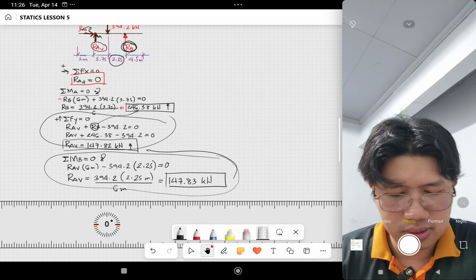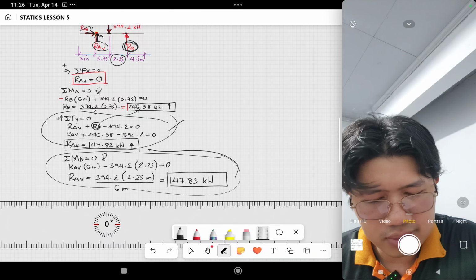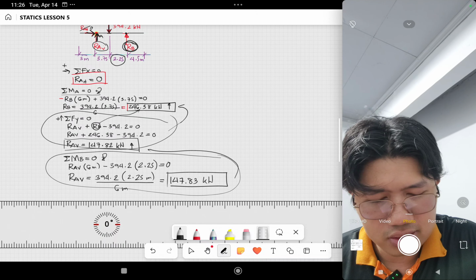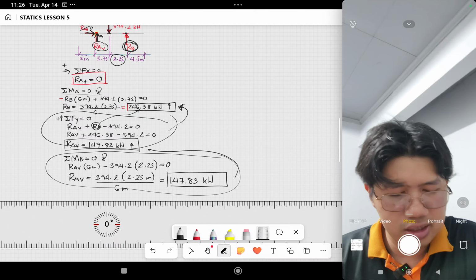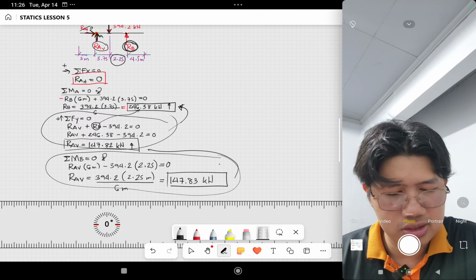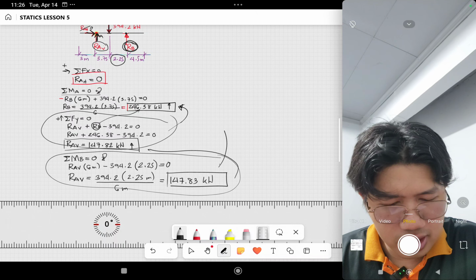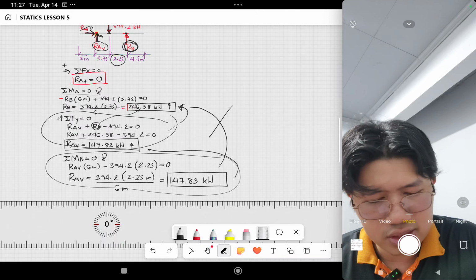Okay, so there is an advantage and disadvantage. Advantage nito is madali. Disadvantage niya is connected siya dito, no, sa una mong nakuhang sagot. Ito naman, advantage niya is hindi siya connected sa nakuha mong answer dito.